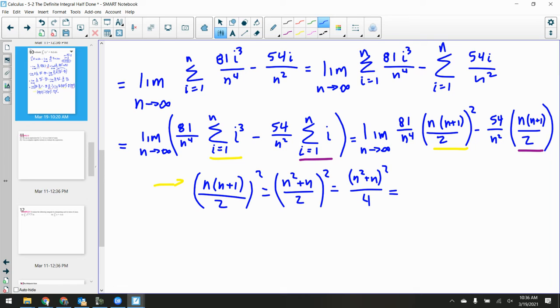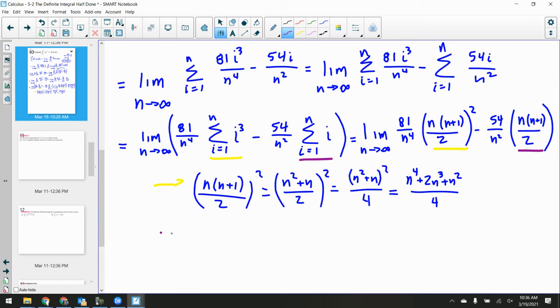I've got to FOIL: first is n to the 4th, outer is n to the 3rd, inner is n to the 3rd, so plus 2n to the 3rd, and then n times n would be n squared. All I did was reduce down that expression, n times n plus 1 all over 2, squared. Let's do the purple.